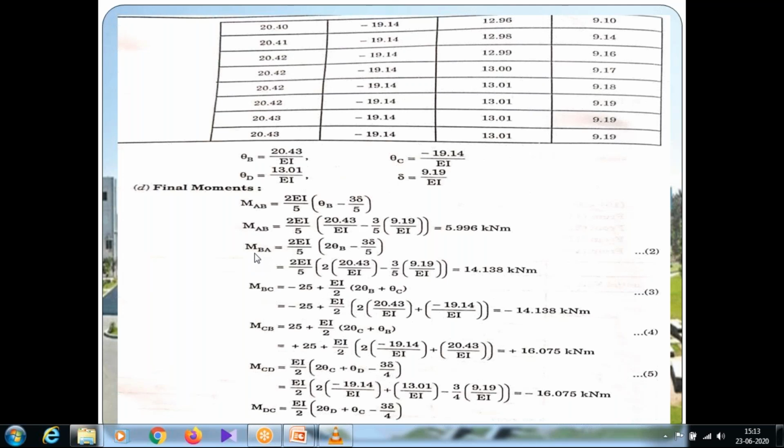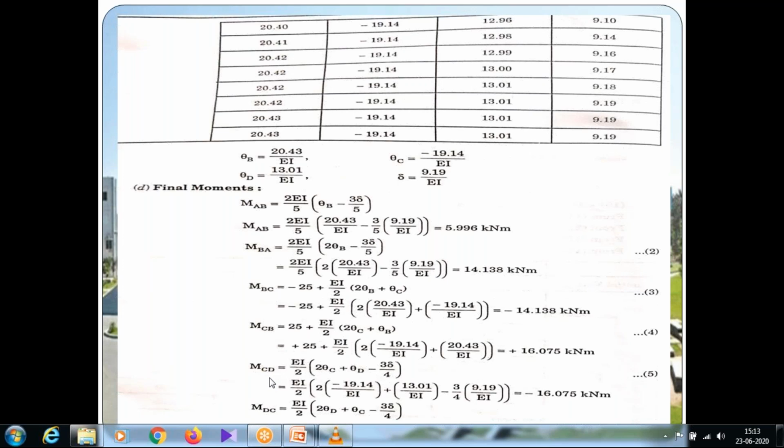After adding both these moments, MBA plus MBC, the joint will be balanced. So MBA plus MBC is equal to 0, therefore joint B is in equilibrium.